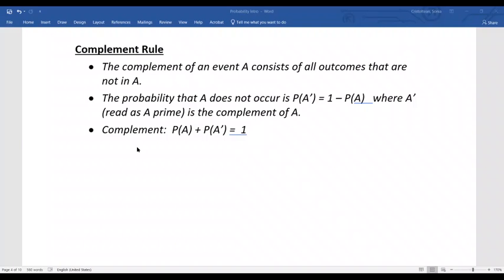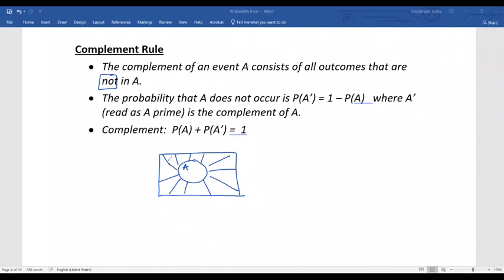The complement of an event A consists of all outcomes that are not in A. The keyword right here: not in A. To visualize this using a Venn diagram, you have A as a set, and here is our A. All that's outside or not in A, this area, will be referred to as the complement of A. And the notation can be A prime, or I've seen A^C, different notations. This is what we refer to as the complement of A.